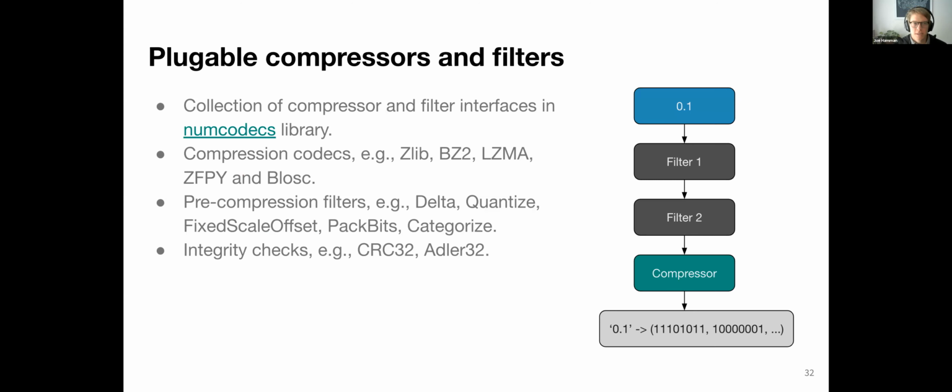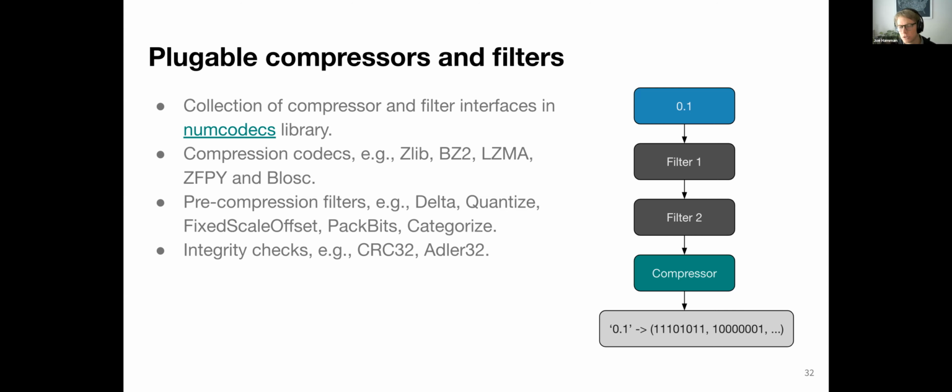Another thing that Zarr provides is what we call pluggable compressors and filters. Zarr exposes a collection of compressors and filters through the numcodecs library, which is a common set of compression codecs. We already saw Blosc a couple of times, but there's also zlib, bz2, lzma, zfp, a whole bunch of compression codecs there.